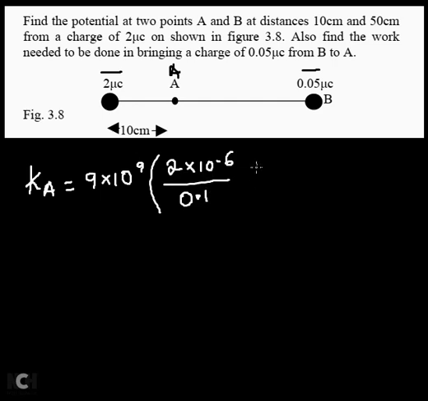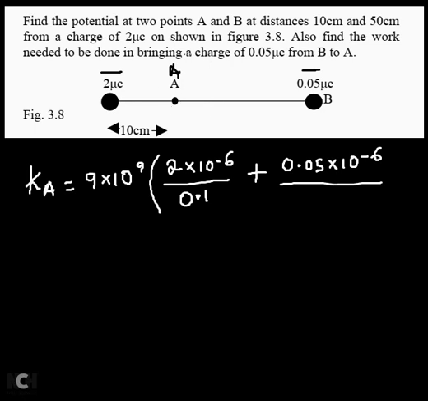Then plus the charge at B. Let's evaluate that: 0.05 times 10 raised to the power of minus 6, then divided by the distance from B to A.